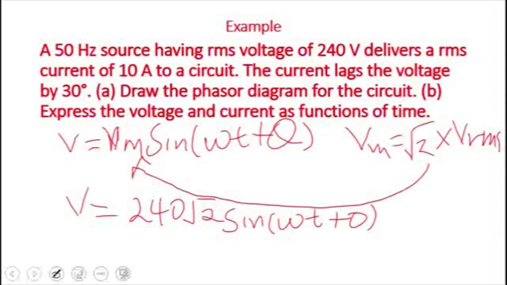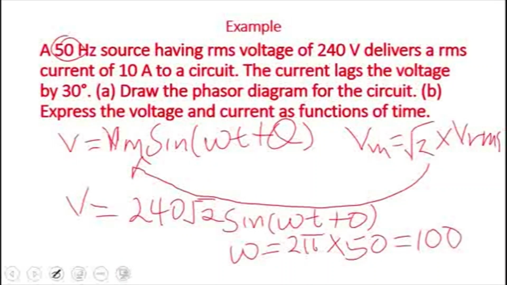And you can also notice that omega is just 2 pi f, 2 pi times the frequency. This can be proved from your high school physics. In this instance, we've been given the frequency to be 50 hertz. So 2 times 50 gives you 100, and this whole thing just becomes 100 pi.